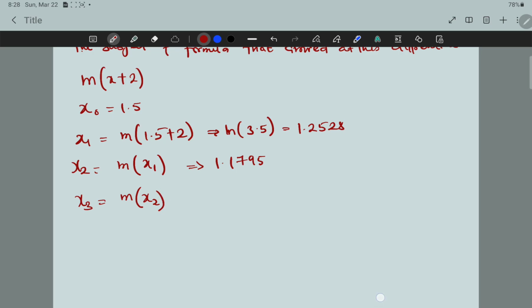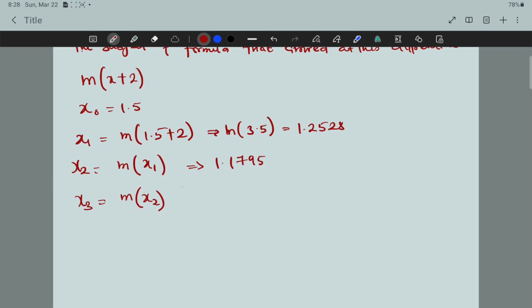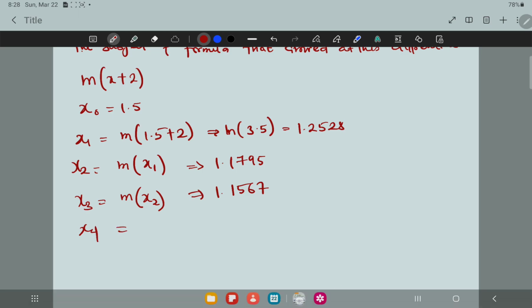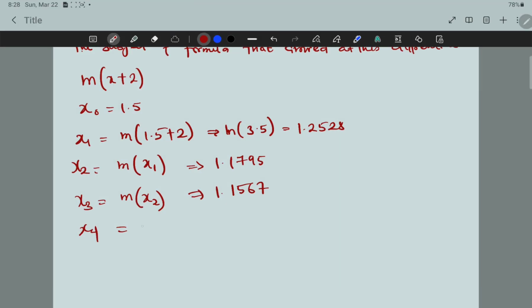So calc the previous answer again, and that would be 1.156725. I'm just doing it in 4 decimal places, you understand? x4, you go back to your calculator, calc the previous answer, and you see 1.1495. x4 is ln x3.